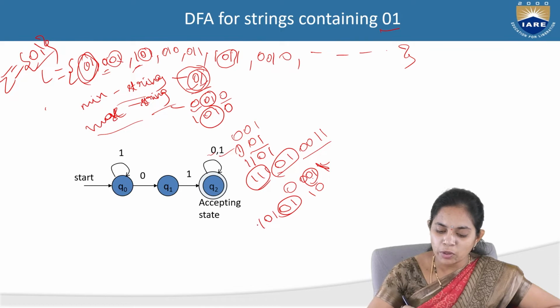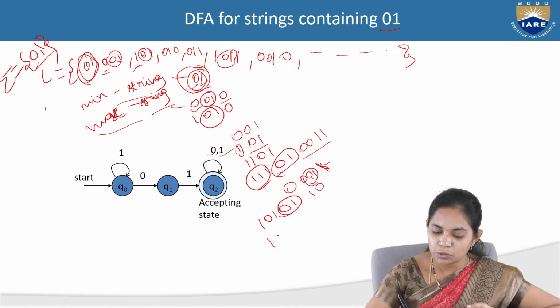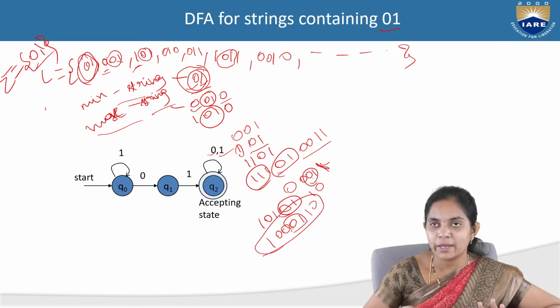And after 1, 0 is there and 0, 1 is there. What will happen if in the middle we get two more zeros like this? This is the substring and this is the string. This string is going to be accepted by this DFA.